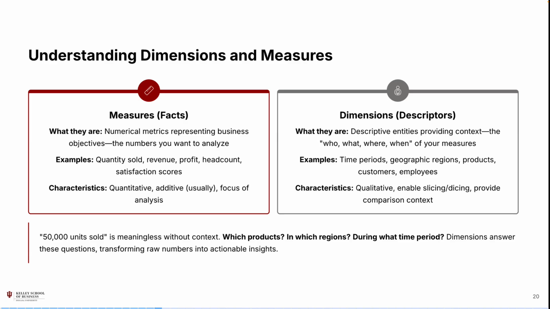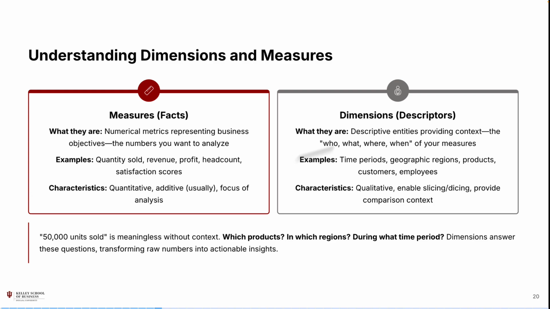Now let's define the players. First one, measures or facts. These are the numeric metrics that represent your data objectives. These are the numbers you actually want to analyze, like the quantity sold, revenue, profit. These are quantitative and the focus of the analysis.